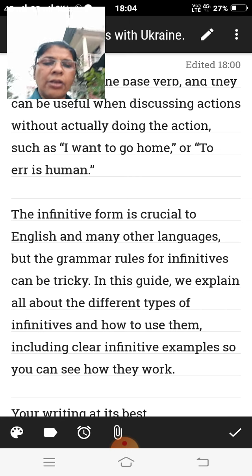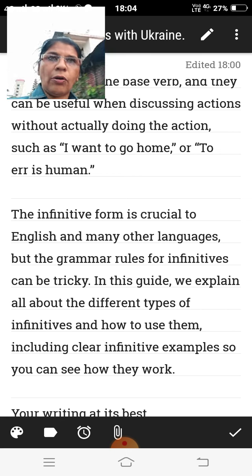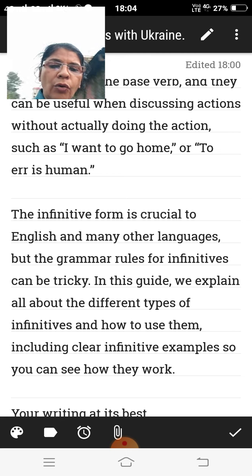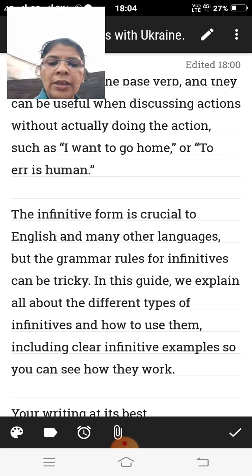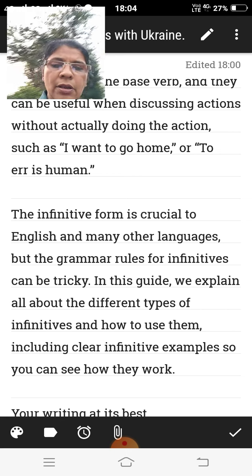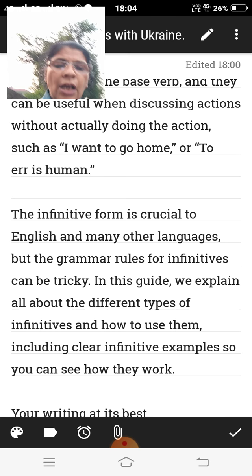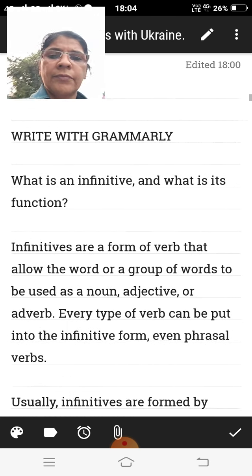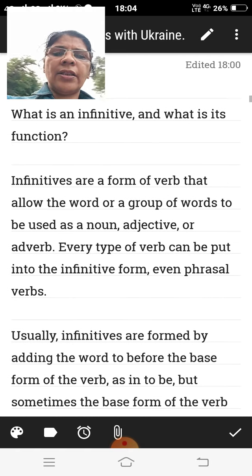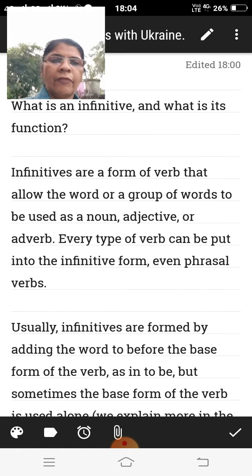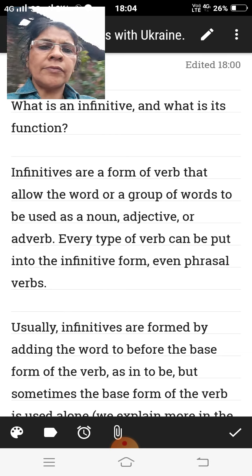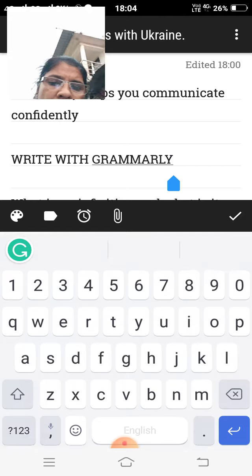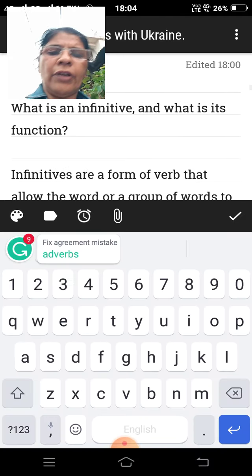In this guide, we explain all about the different types of infinitives and how to use them, including clear infinitive examples, so you can see how they work. What is an infinitive?